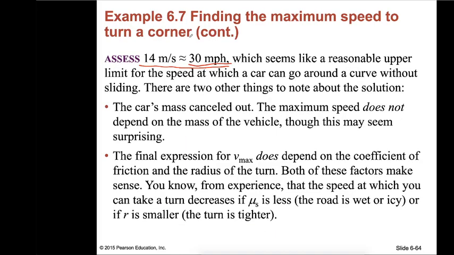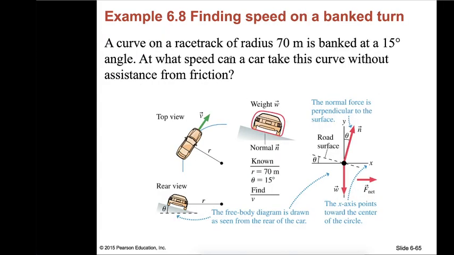Okay, so this problem shows how fast you can drive on the unbanked or level road surface at the corner. But sometimes on the highway or on the racetrack, there's a banked road, as shown here.